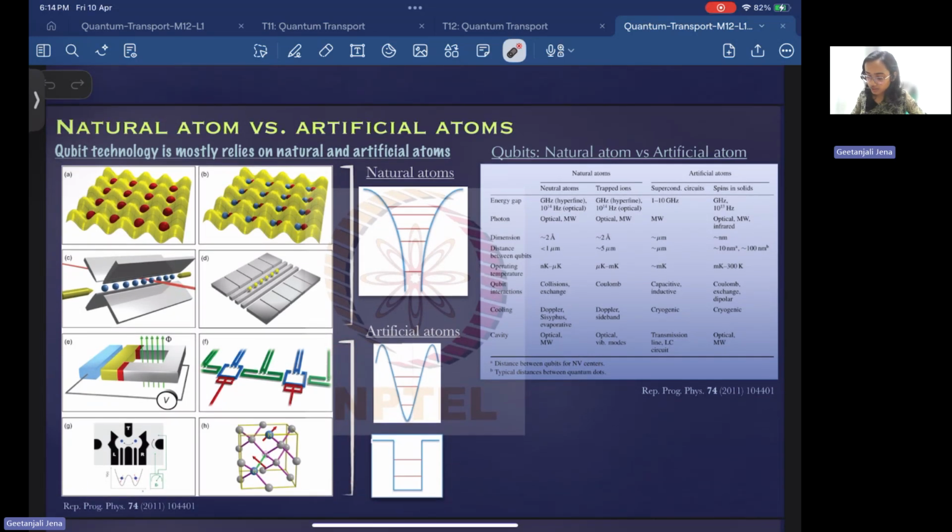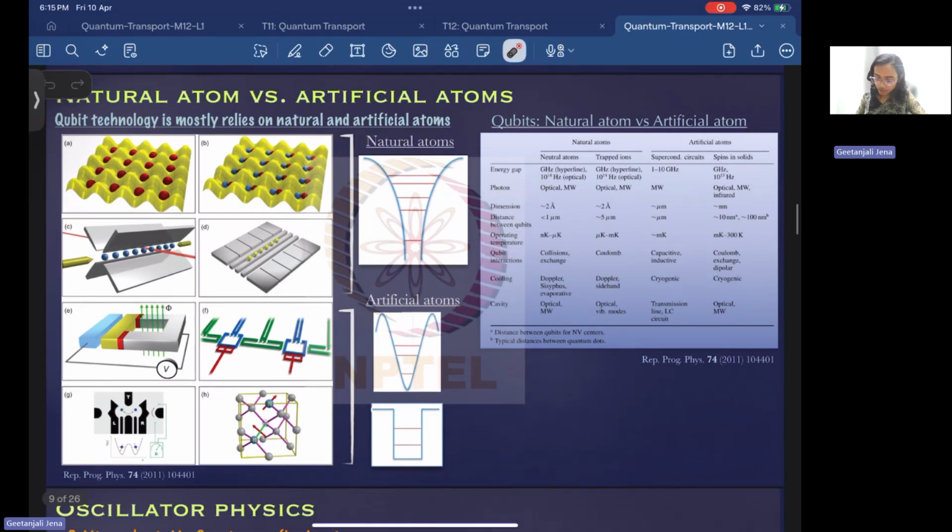So if you look at these first two figures, these are nothing but atoms. You can see these red and blue circles, or let's say spheres. These are atoms trapped in an optical lattice by using a laser field, and we can use the atomic states of these trapped atoms to store and manipulate information using their quantum state.